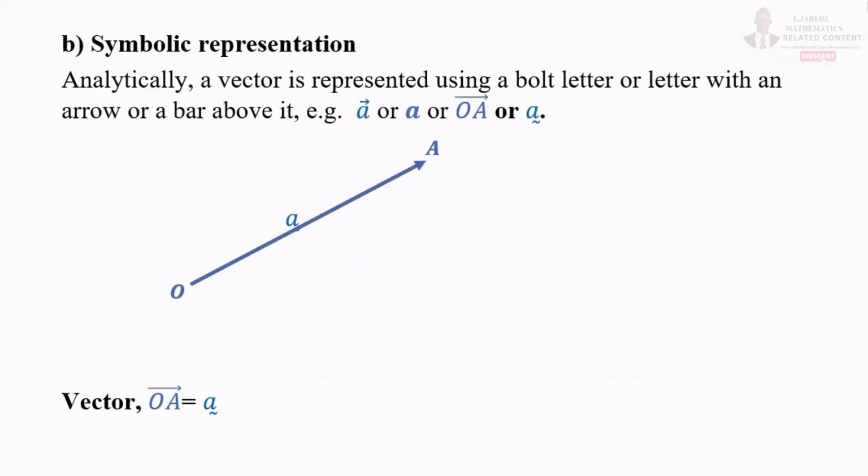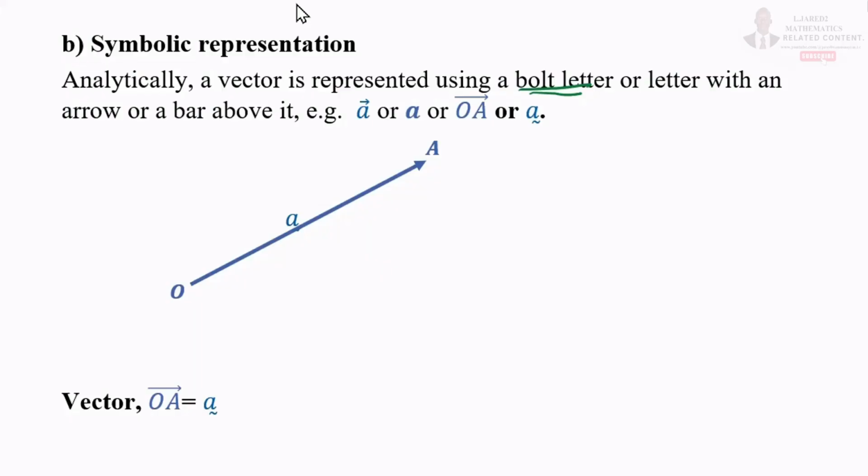Then you can have part B, which is symbolic representation of vectors. So in here we use symbols, like when we are writing. Analytically, a vector is represented using a bold letter, or a letter with an arrow above it, or a bar above it.